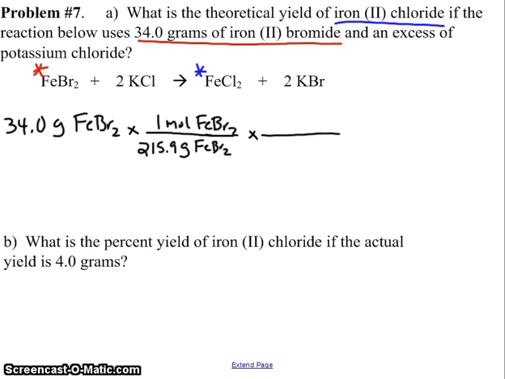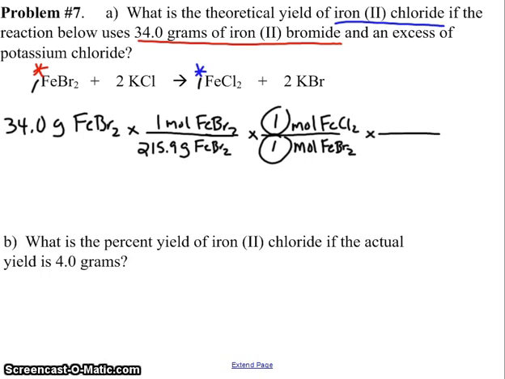Our second step is going to take moles of FeBr2 in the denominator, and we're going to convert it to moles of our final product, which we're looking for, the FeCl2. Now the numbers that are going to go in here are going to come from our balanced equation. Since this equation is already balanced, we see it is a 1-to-1 ratio, so that keeps our math pretty simple.